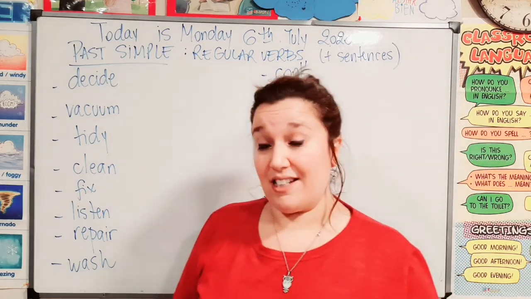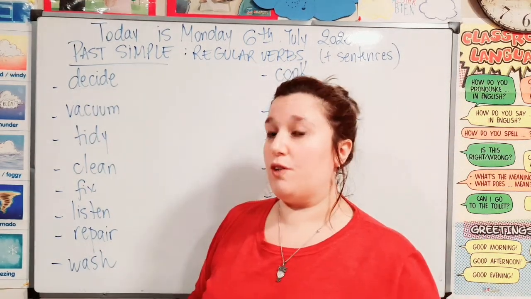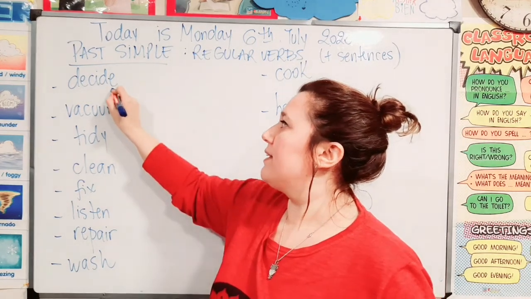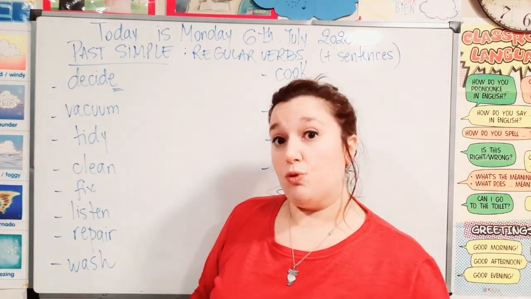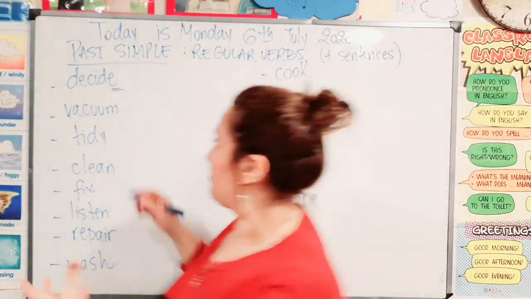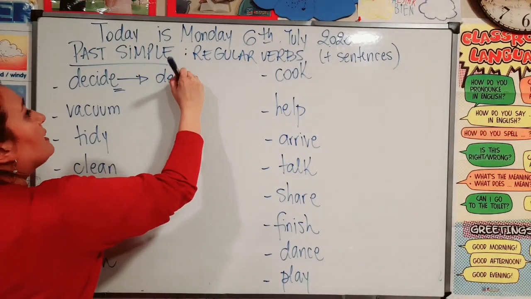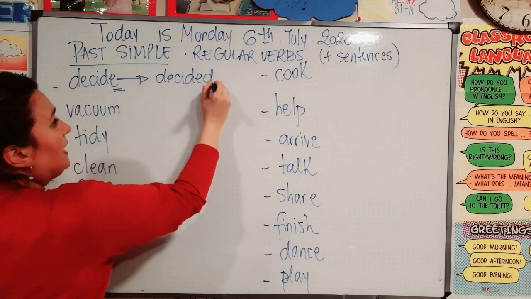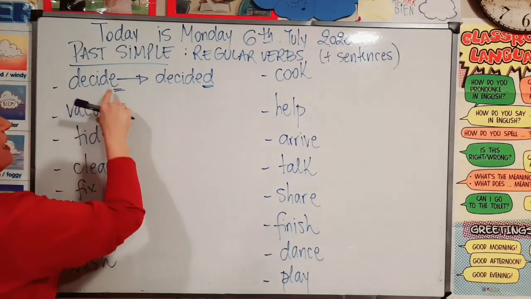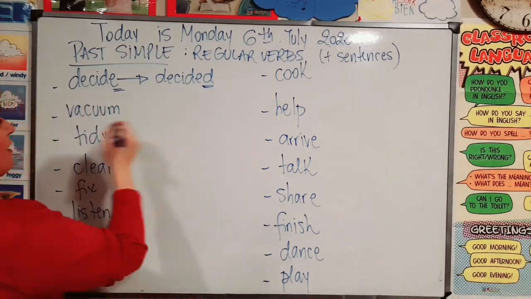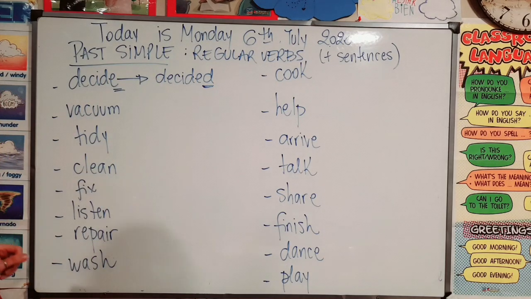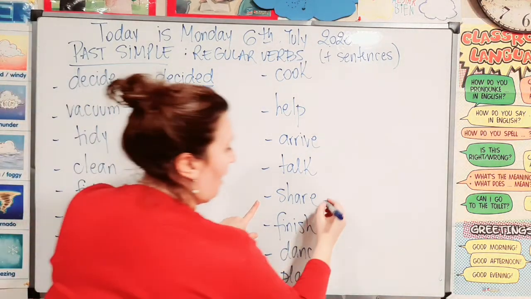Decide is a verb that has the letter E. So to pass this to the past simple, we only add D, because the E is already there. The same happens in share.